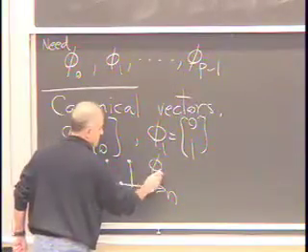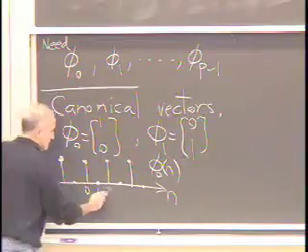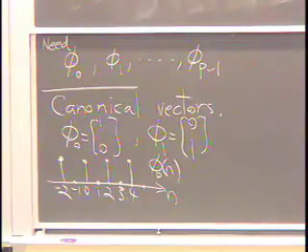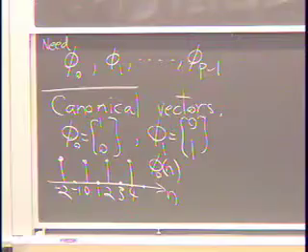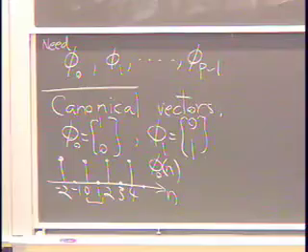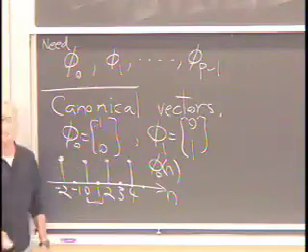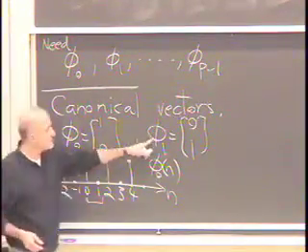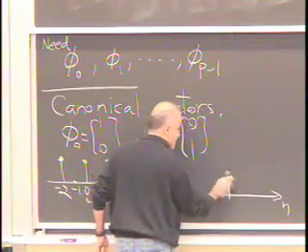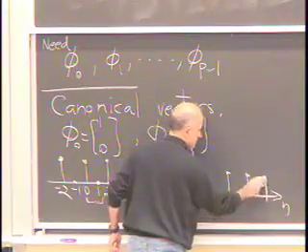This would be phi 0 of n. In the same way that I picked one period of the signal x and stacked up its values as a vector, I can do the same thing with phi 0. I pick this one period, stack up its values and create a vector. And I do the same thing with phi 1. So phi 1 would be 0, 1, 0, 1, 0, 1.